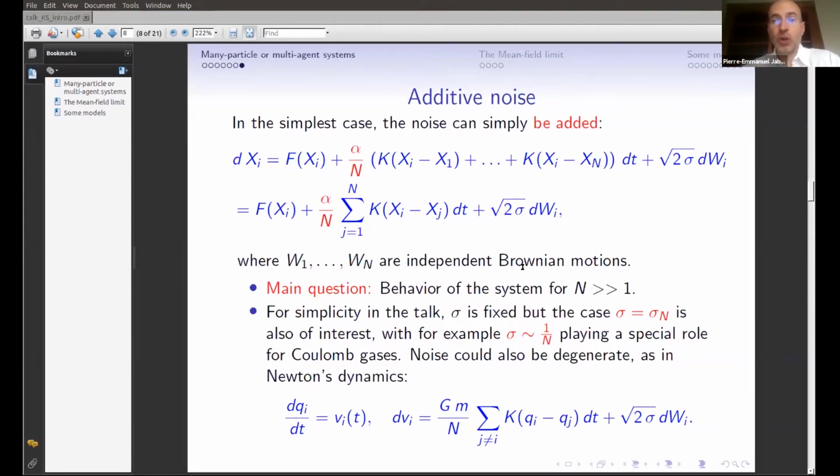It's also possible, and you have quite a few applications, when you want to rescale the diffusion with the number of particles. And for simplicity, I'm going to look at noise that is non-degenerate. In some models, it is degenerate, and I mentioned random collisions of gravitational particles. Random collisions only change the velocity, so then you would only put the noise in the velocity.